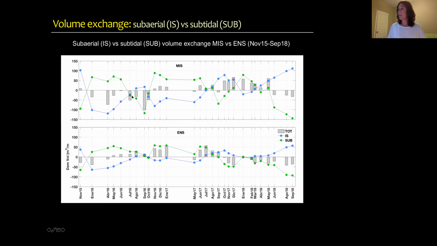Here, for example, we see an erosive period, and that didn't happen in Ensenada. And also here, an erosive period, and this is accretive. So anyways, these are just results that I am now trying to understand. Okay.